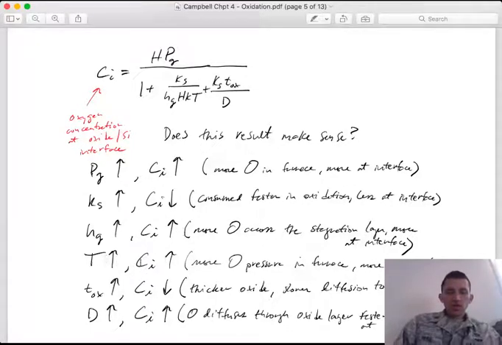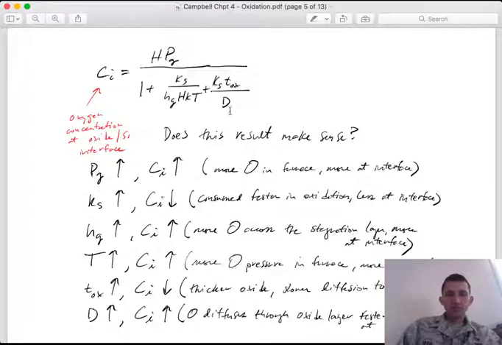So increasing the temperature of the furnace increases the oxygen pressure in the furnace just due to the ideal gas law. It would also increase D, right? So we jump ahead and talk about D. D is also in the denominator of the denominator, meaning that if you increase T or D, you increase the concentration at the interface.